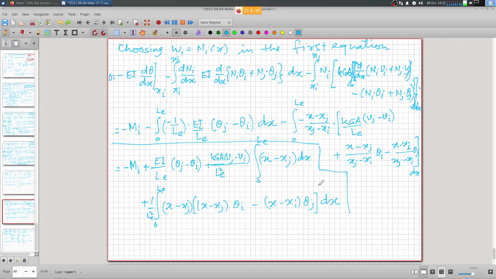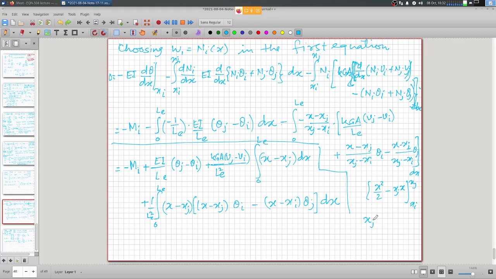So what is that? This integral is equal to x square by 2 minus xj xi xj, evaluated at xi to xj.